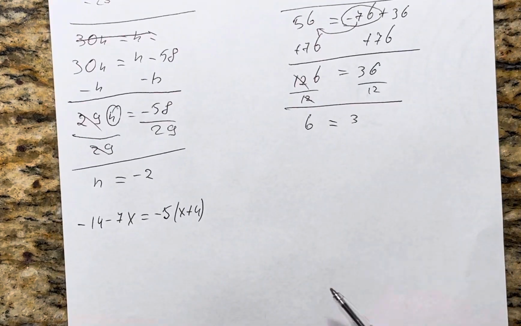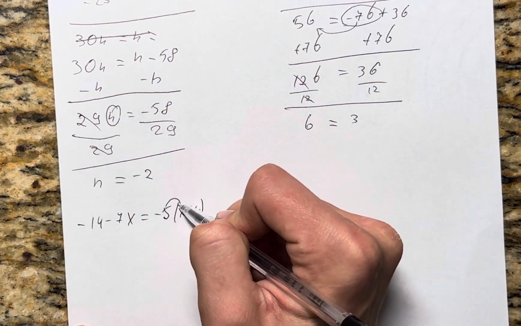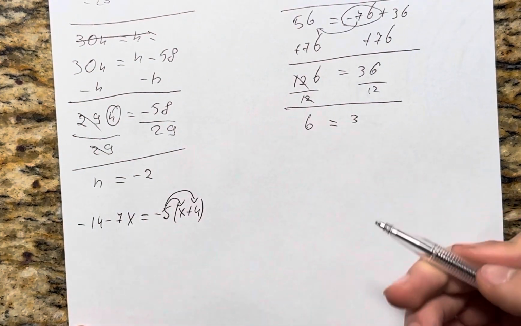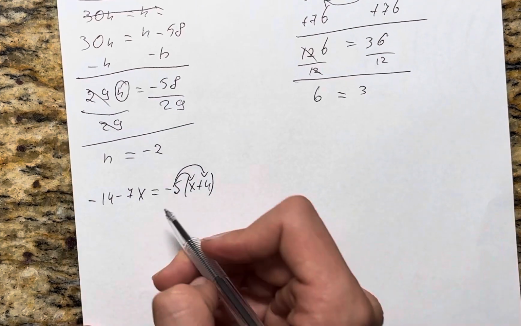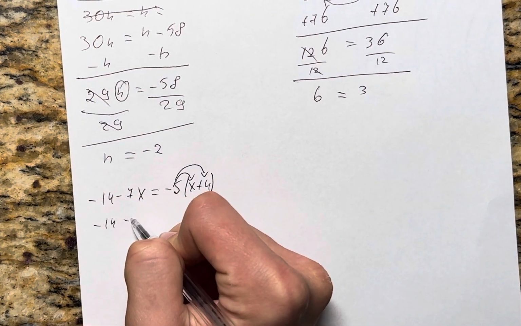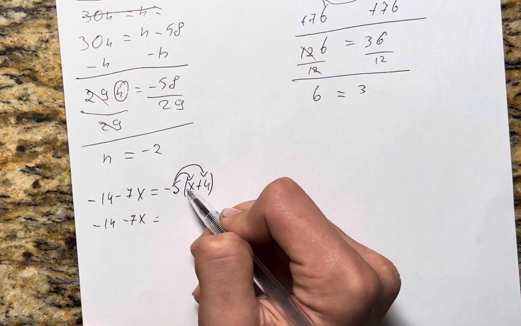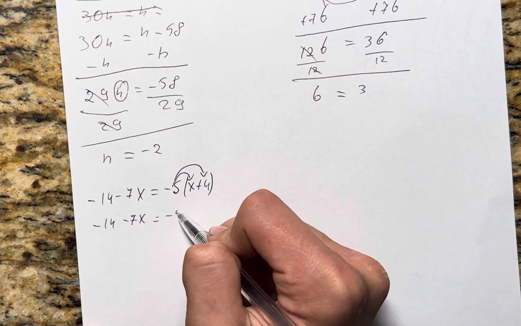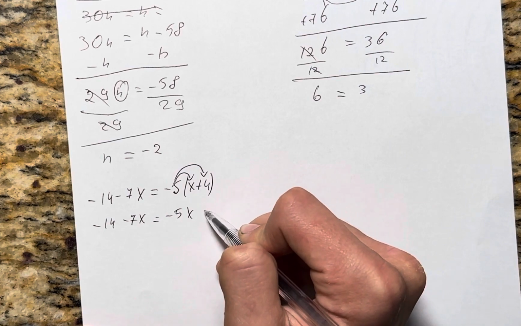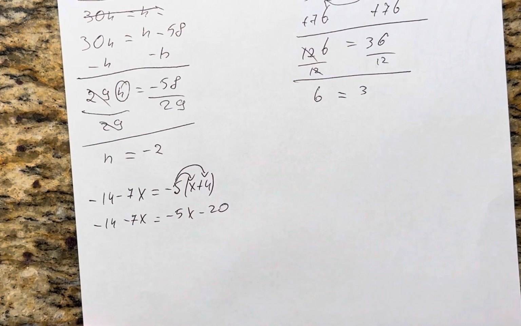What I have to do first is multiply each number in the parentheses by the number in front of the parentheses. What I'll get is negative 14 minus 7x. This side stays the same. Equals negative 5 times x is negative 5x, and negative 5 times 4 is negative 20.